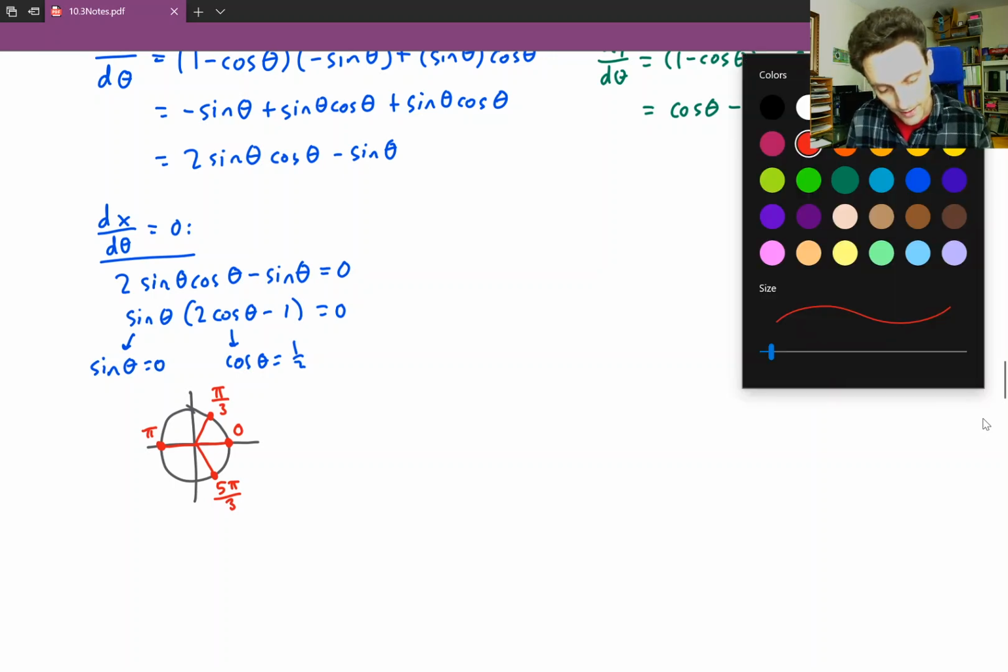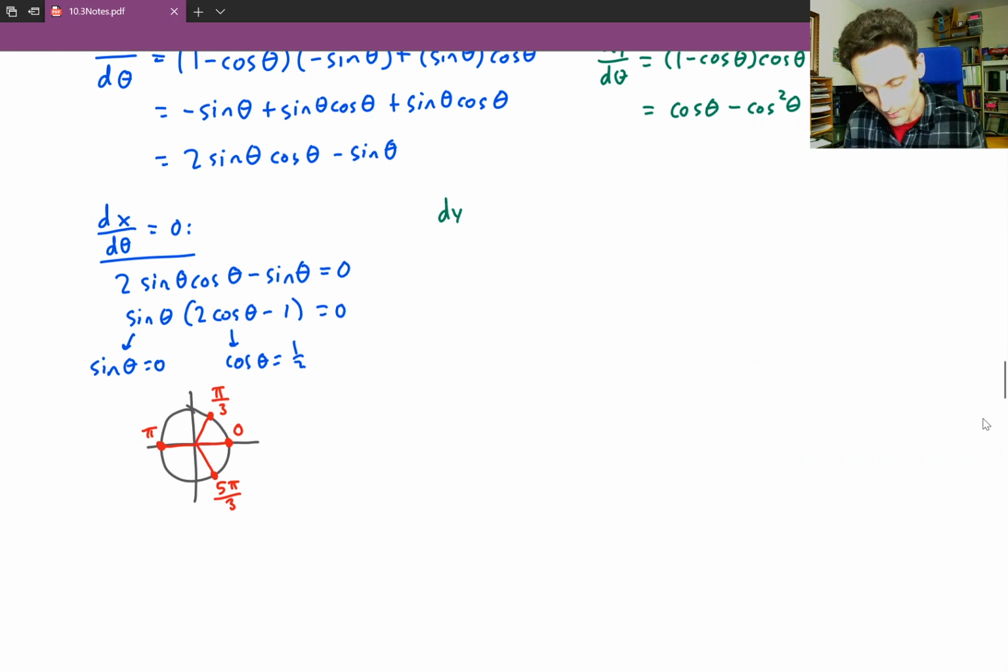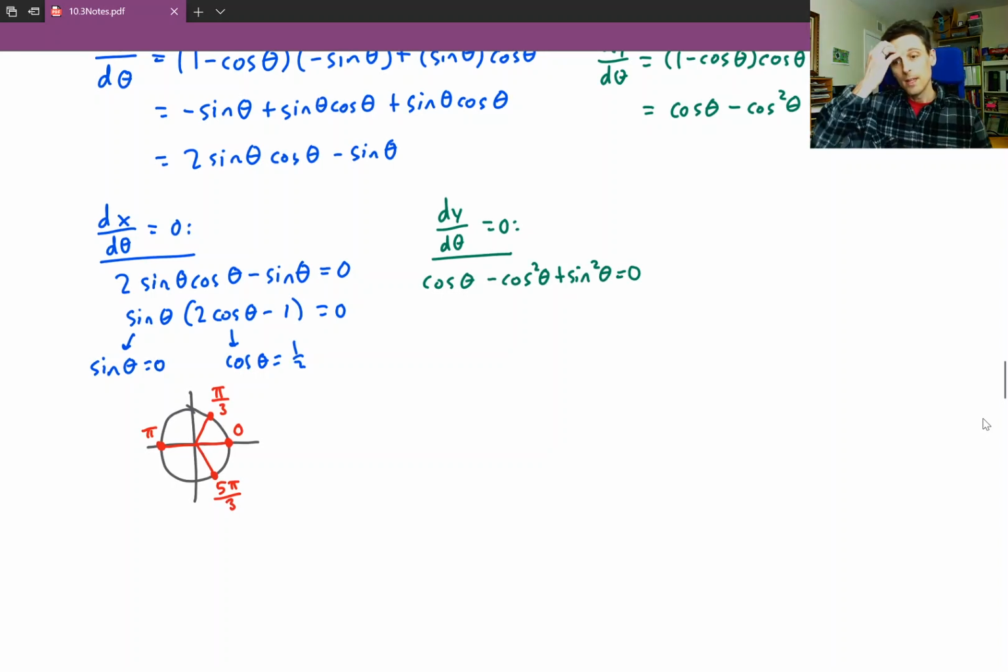So then we have dy d theta equals 0. Let's figure out where that happens. Where dy d theta is cosine theta minus cosine squared theta plus sine squared theta. So where is that equal to 0? This one's a little bit trickier. This is a trig equation.